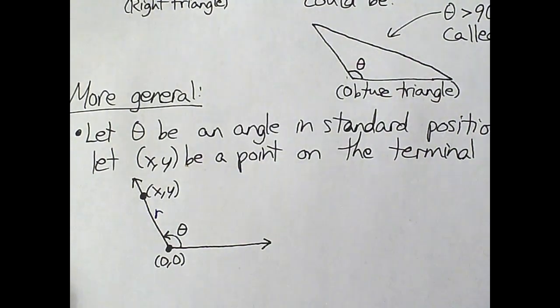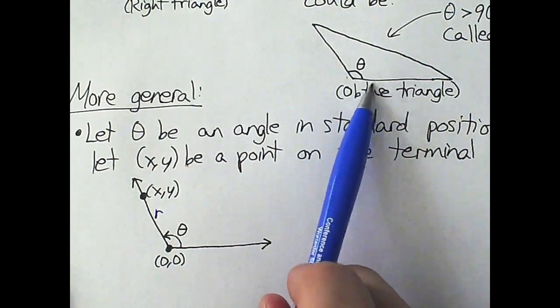Another thing I want to show you is you might look at this and say, we could form an obtuse triangle. Like if you put a point on the initial ray, call it something else, and if you connected the three points, you would get an obtuse triangle that kind of looks like this one up here.